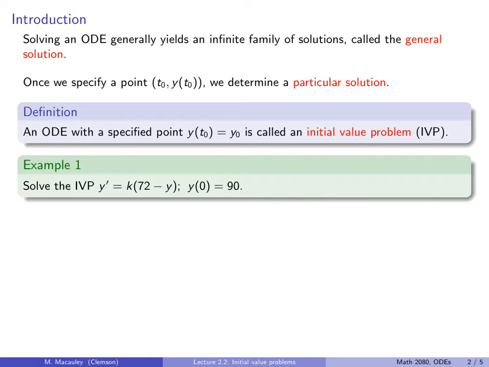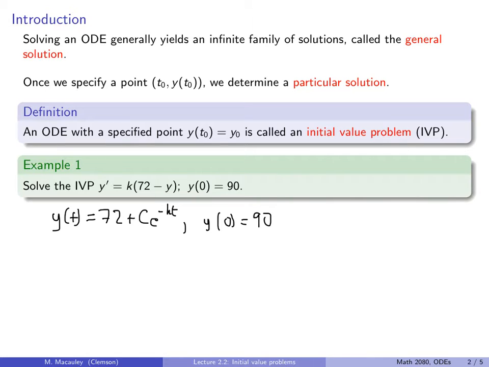I'm just going to write down what we got last time for the solution. y of t is 72 plus c e to the minus k t. And now we have this general solution subject to y of 0 equals 90.